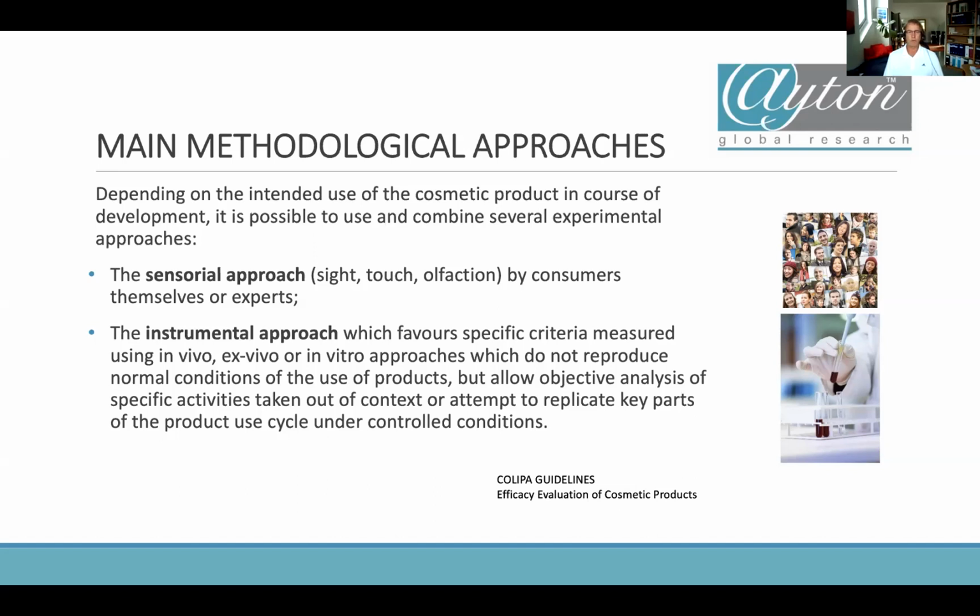And this is actually where we go into the laboratory. So we have in vivo, which means on a human being. You can measure the depth of wrinkles, or you can measure how far your skin is moisturized or not.